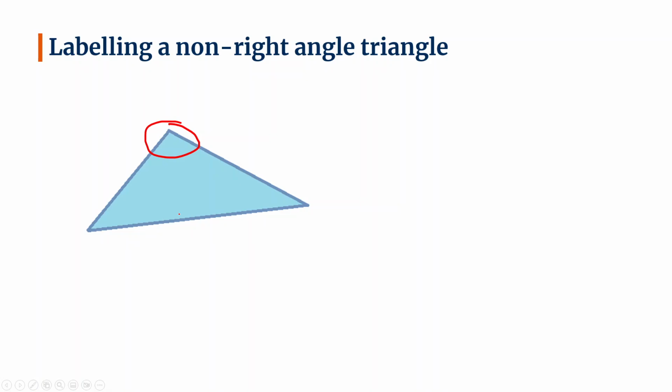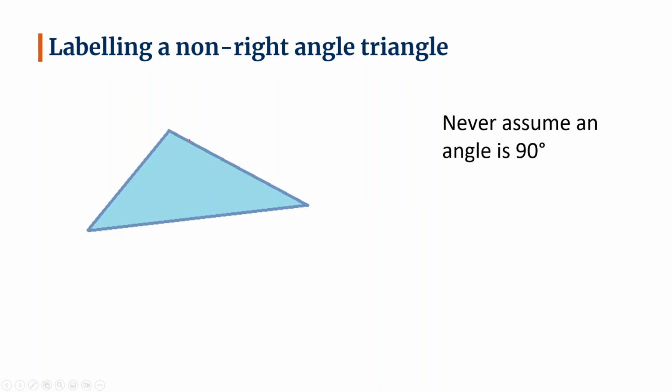It does kind of look like maybe that's 90 degrees, but you cannot assume that it is 90 degrees. Unless you are told either in the wording of the question or you are literally given that symbol indicating 90 degrees, you can't assume it's 90 degrees and try to use SohCahToa. So this is not a right-angled triangle. So never assume an angle is 90 degrees.